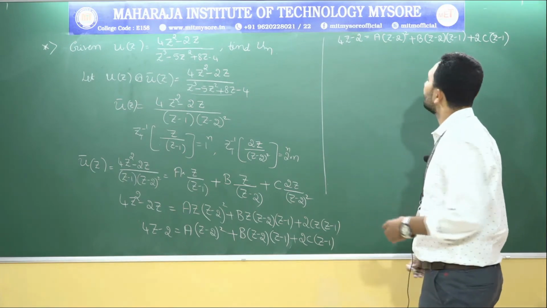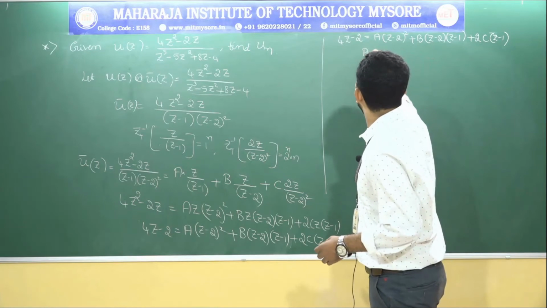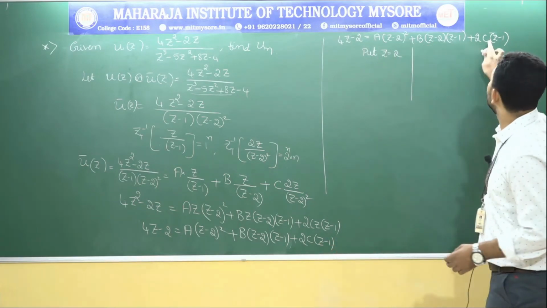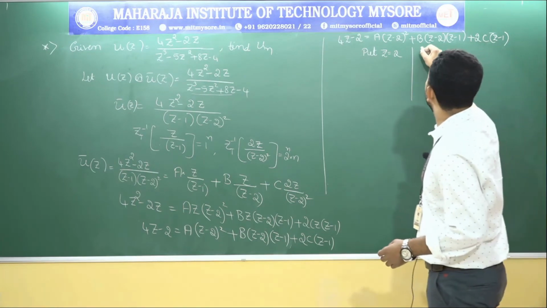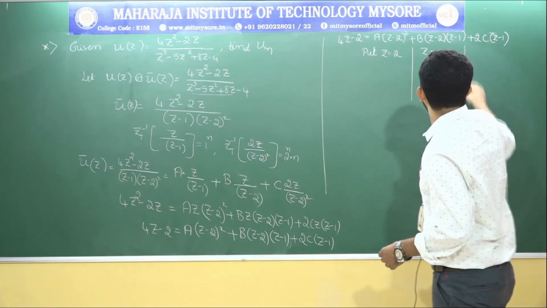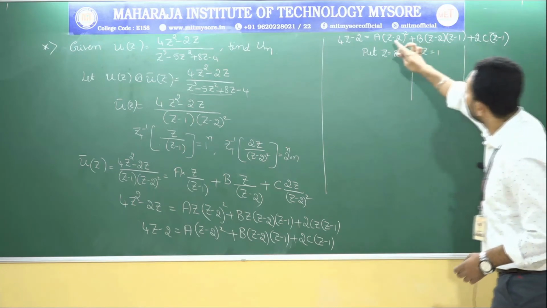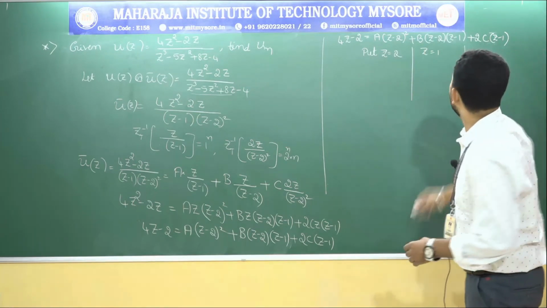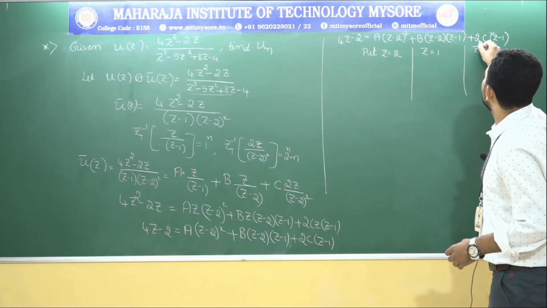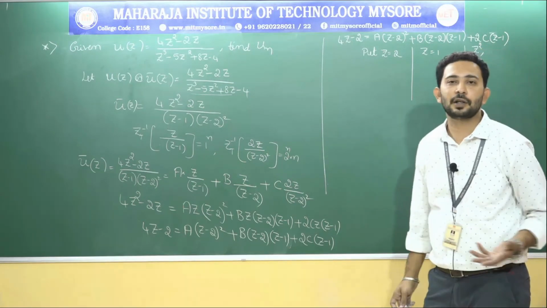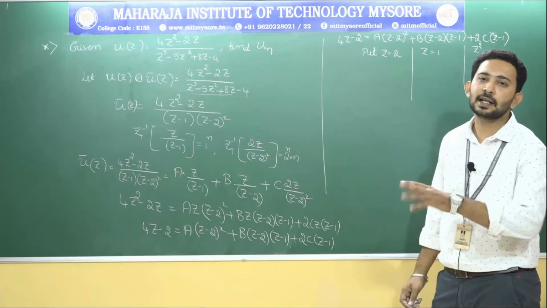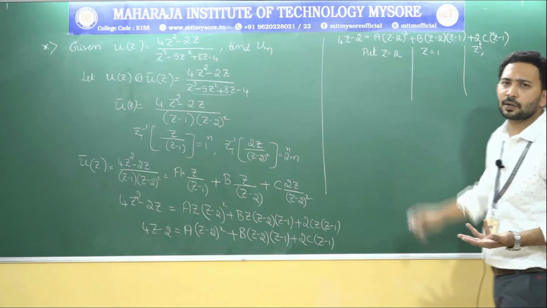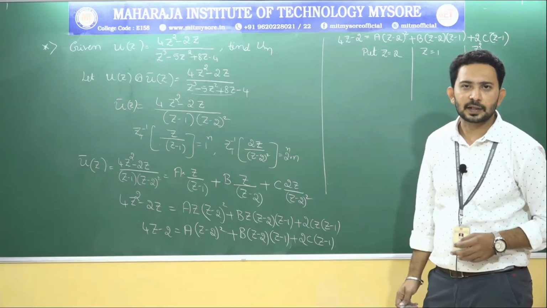So to find a, b, c, put z equals 2, we'll get c value. If we put z equals 1, we'll get a value, and for the next one we have to equate the coefficient of z square on both LHS and RHS, or by putting z equals 0 also, we can find the remaining result.